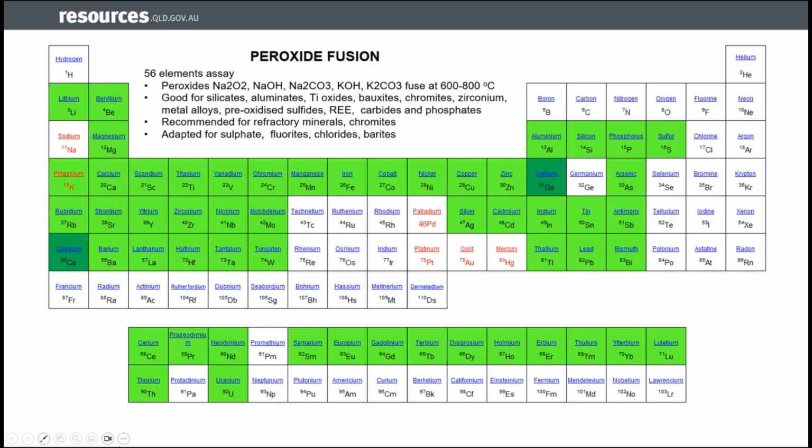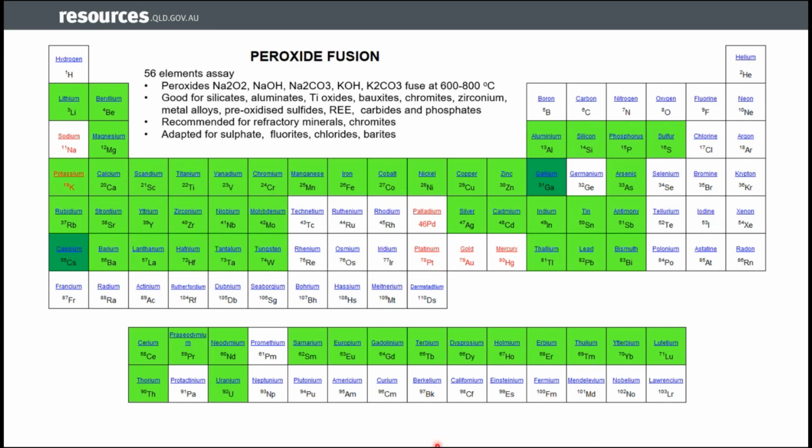Be careful, because some labs throw in potassium too, because potassium fuses at a lower temperature. So be sure that when you talk about peroxide, it's just sodium and not potassium involved. Again, it's very similar to borate, except it has a lower temperature. Therefore, it doesn't drive off the lighter minerals. And it has a limitation that it cannot analyze the platinum group and precious metals.